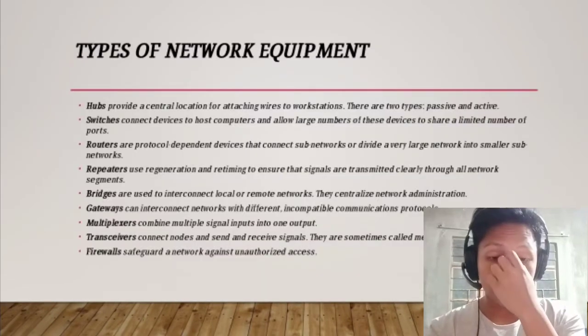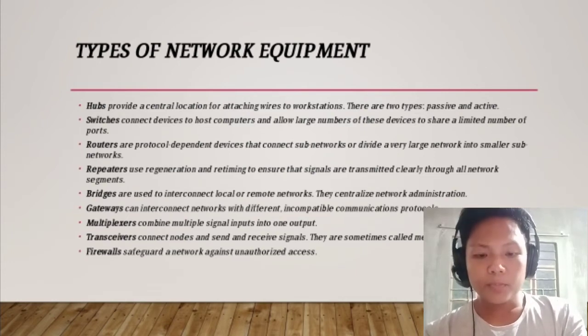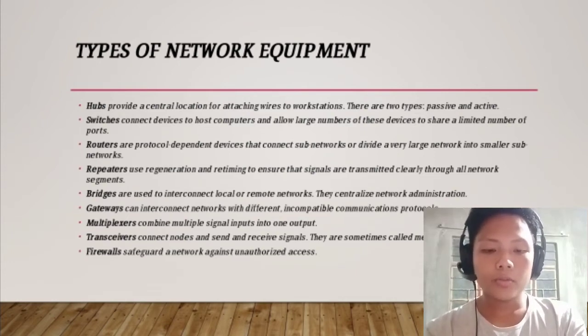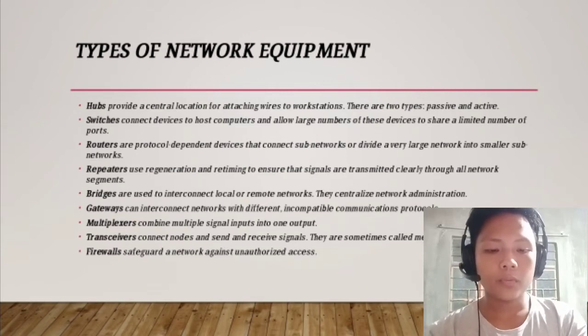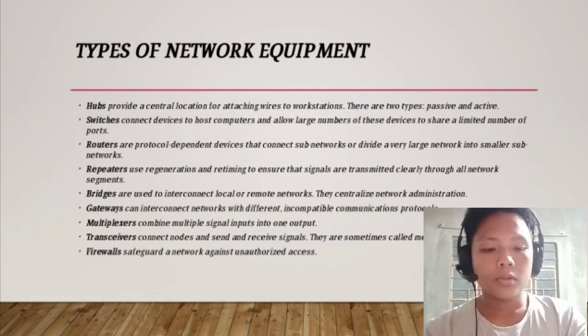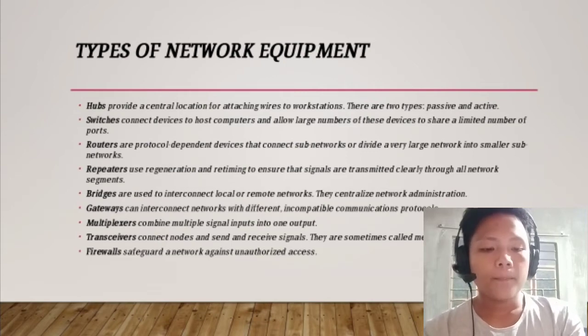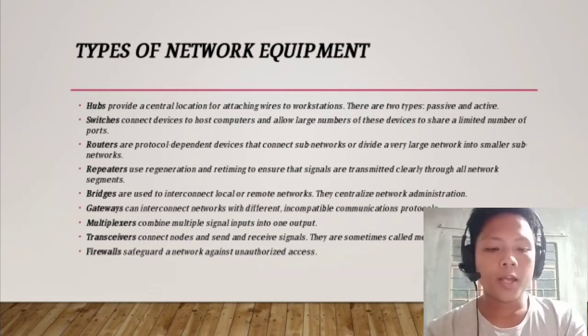Types of network equipment. Hubs provide a central location for attaching wires of workstations. There are two types, passive and active.